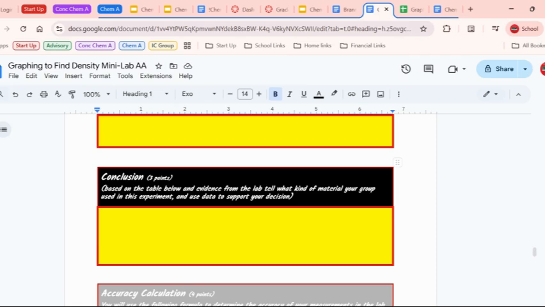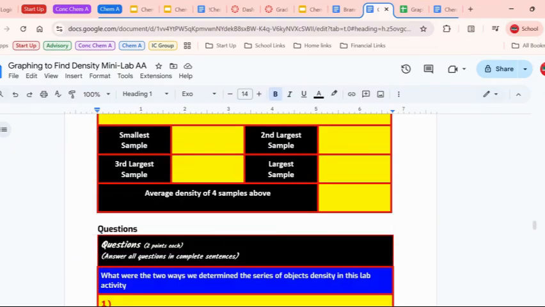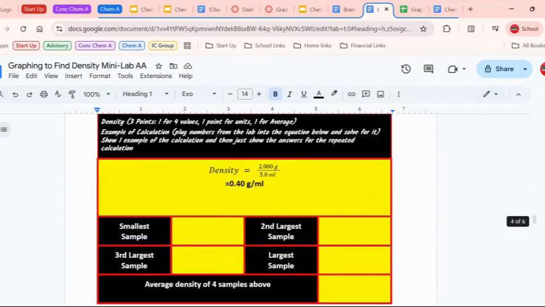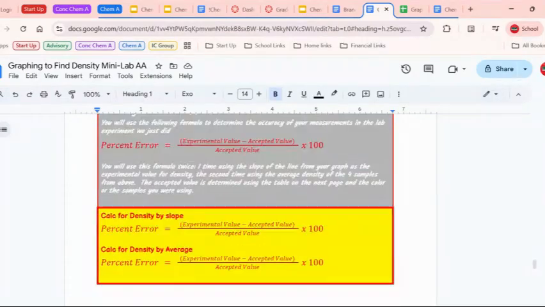And using density, in our lab, we found that our density was, you could either give me the number that you got here for an average, or you could give me the number you got here for the graph of the line. So again, you're telling me that the density that you found in the lab was this number.